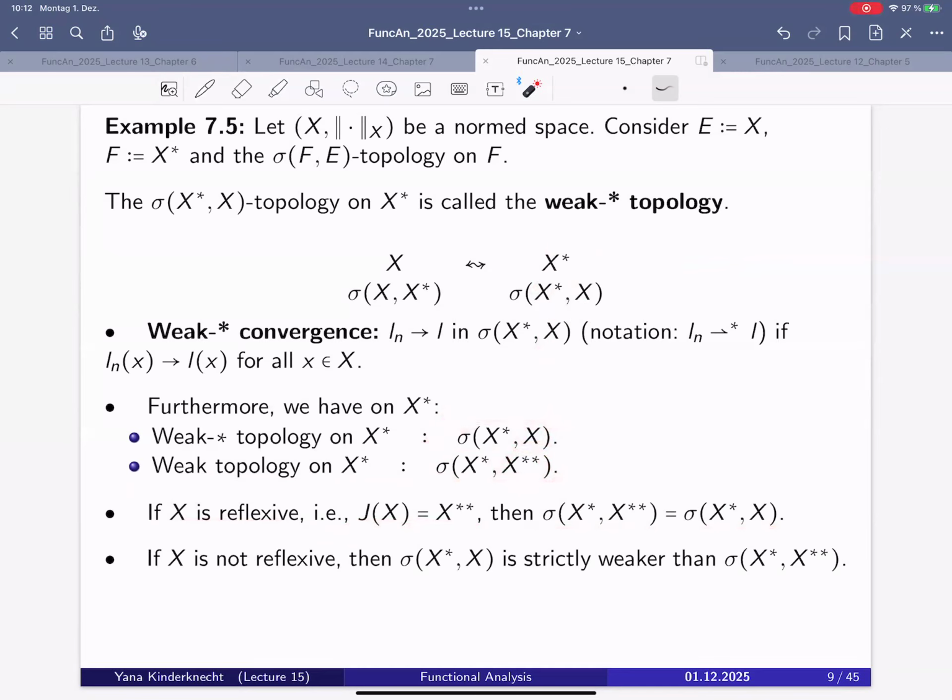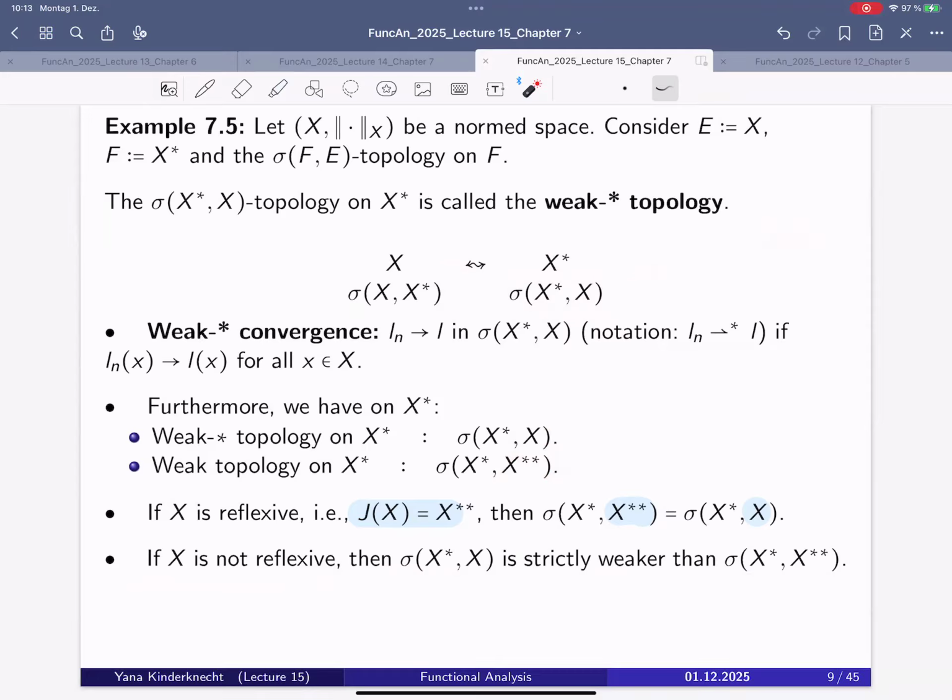So if X is a reflexive Banach space, then the weak and the weak star topologies on its topological dual are the same. Probably I can mark it like we have this, and we use it here. Okay, so if X is not reflexive, then the weak star topology, which relates to this guy, is strictly weaker than the weak topology, which relates to this guy.